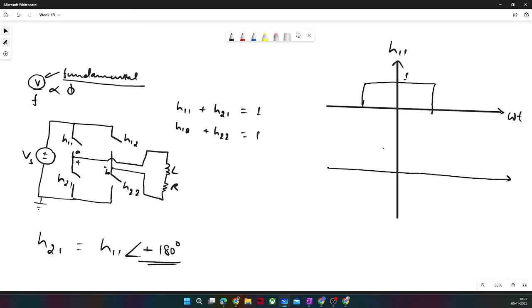So to do that, let me give switching H12, and H12 would have a pulse in some manner which is shifted from H11 by, you can say, this is the phi angle.